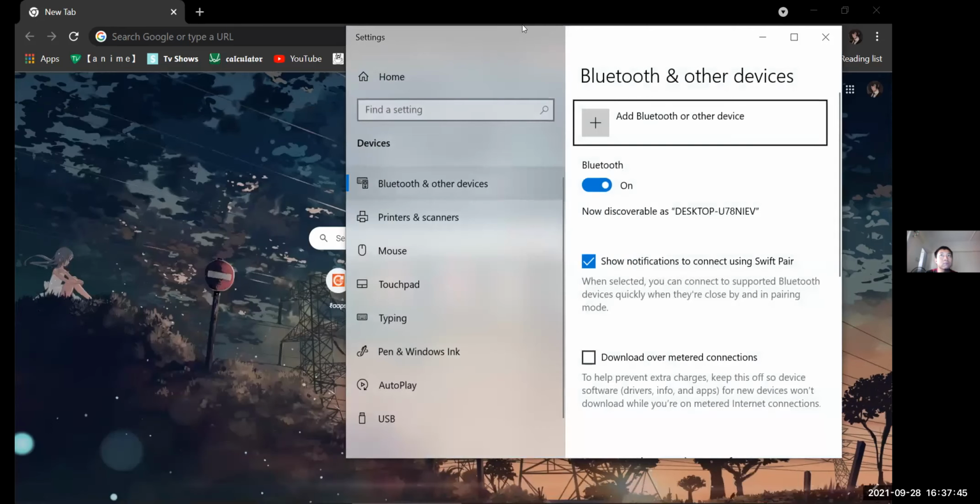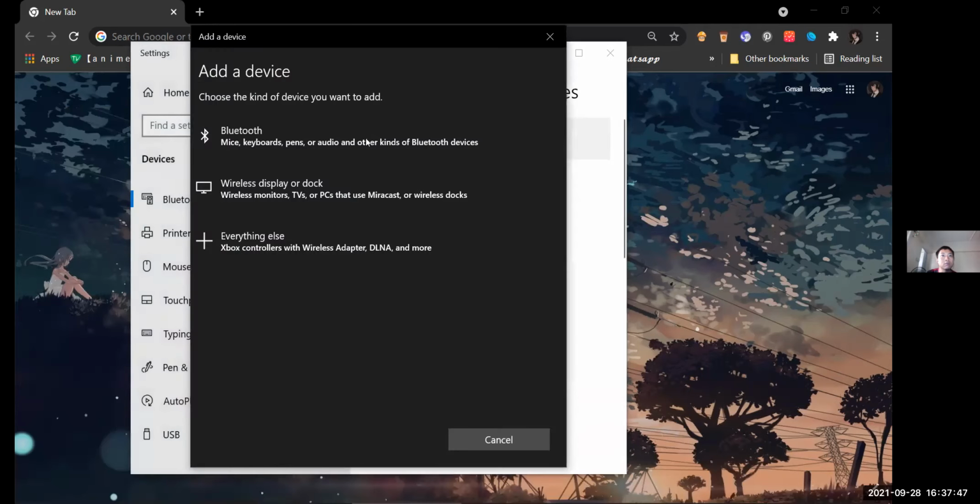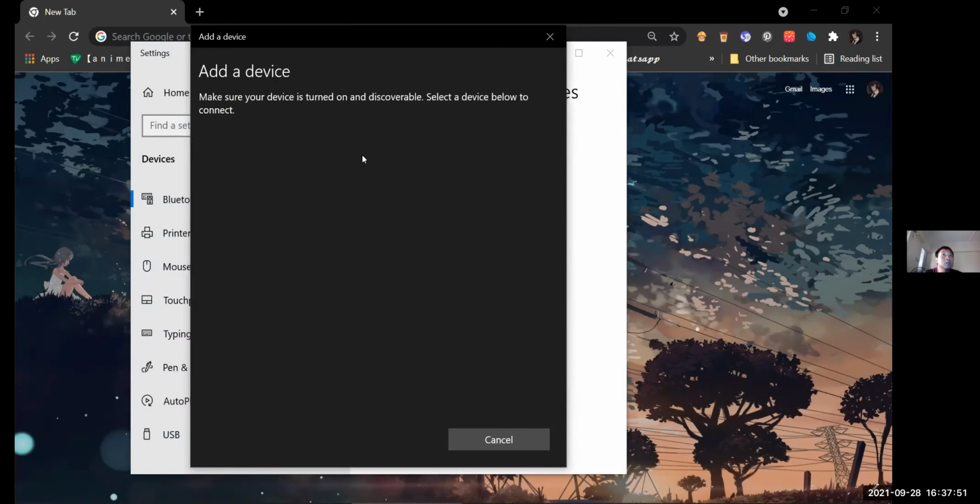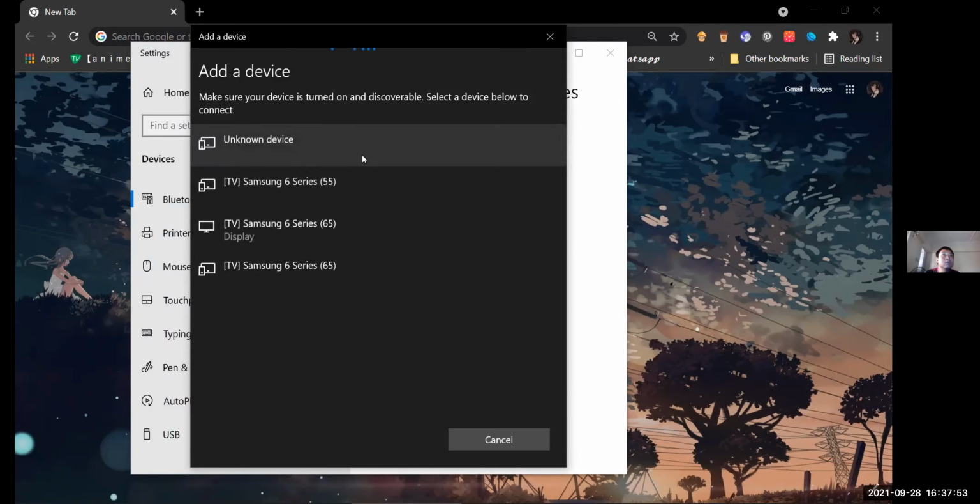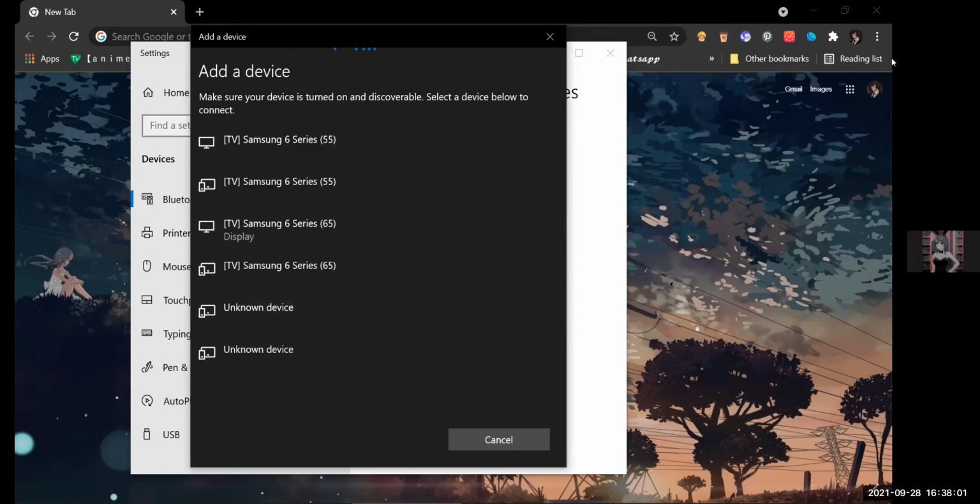Bluetooth. Ah, you want to connect? Okay.